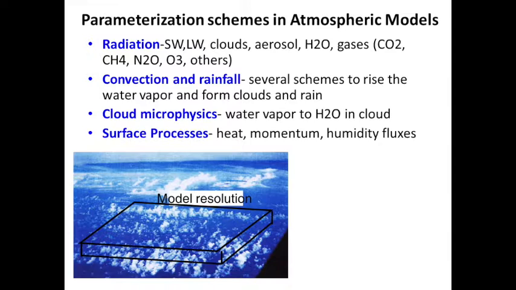There are some schemes that change this momentum flux to other variables that we can measure in the grid points. So this is, in a simple way, what parameterization is.